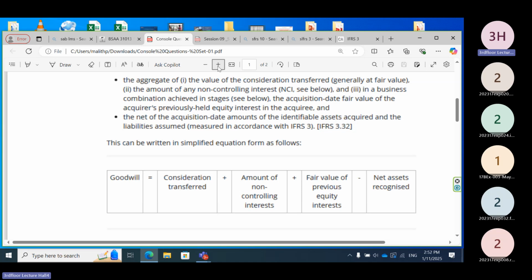If you are having kind of a negative goodwill, that gain on bargain purchase, how you are going to account?